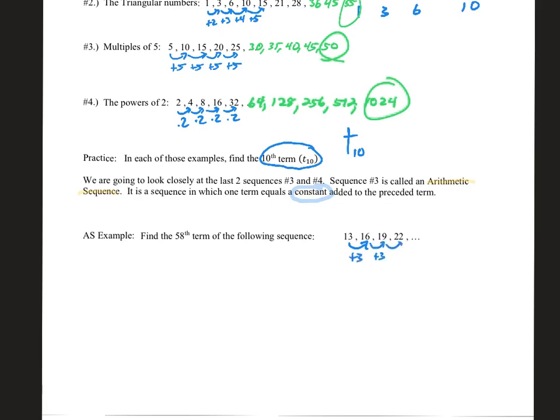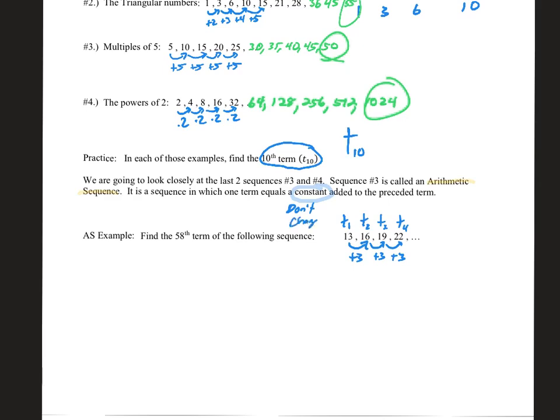It's pretty obvious to see that it would be adding 3 each time. 13 is the first term, 16 is the second term, 19 is the third term, 22 is the fourth term. So an arithmetic sequence is where you are adding a constant to each term. Constant meaning doesn't change.